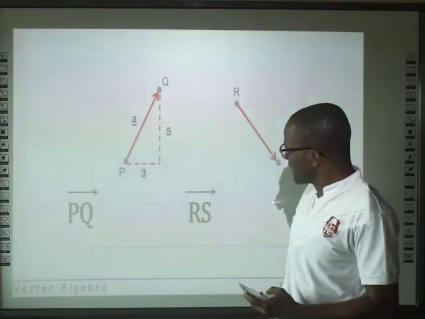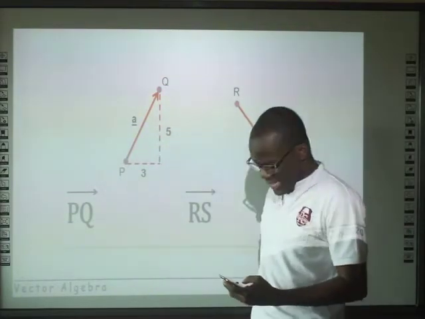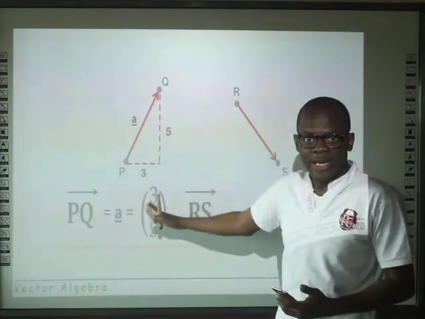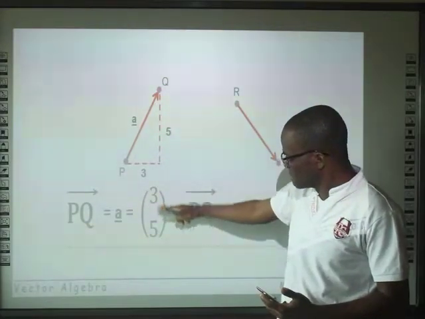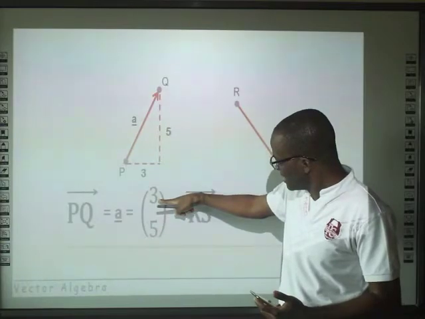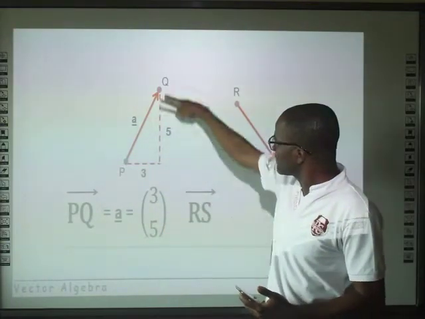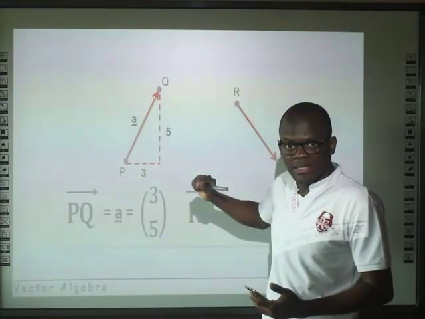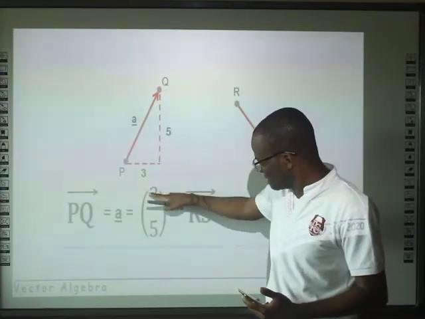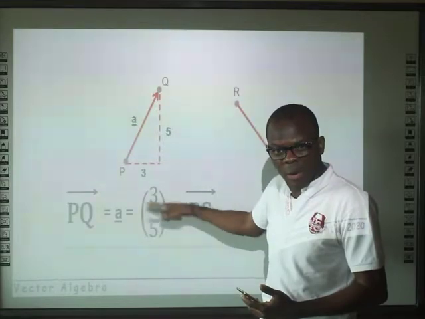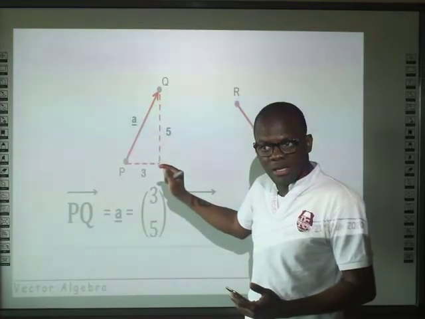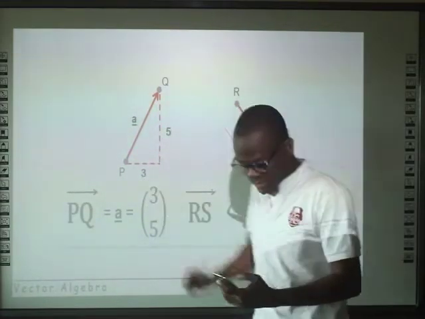So the vector A can also be written in vector form as 3, 5, meaning 3 along the x-axis and 5 along the y-axis. Now you notice that these numbers are both positive. I'll explain that in more detail shortly.